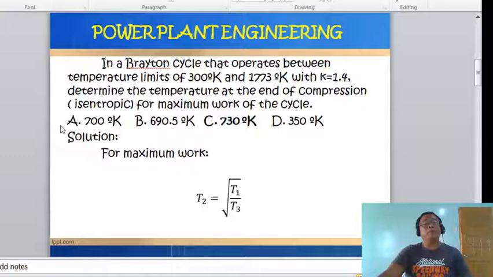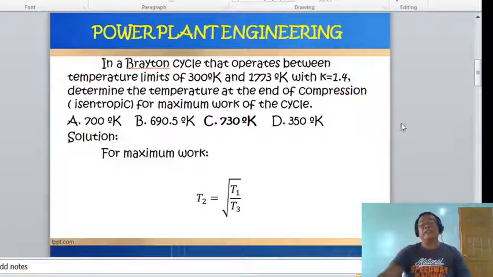So, we have option A, 700 Kelvin, B, 690.5, C, 730, D is 300 Kelvin. As you see in the options, the answer is letter C, 730.